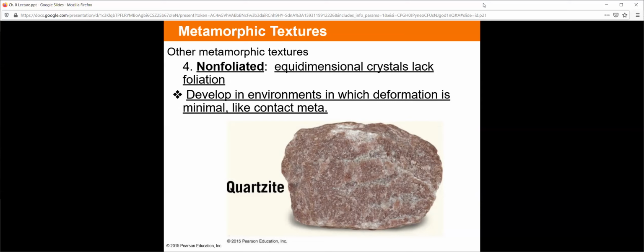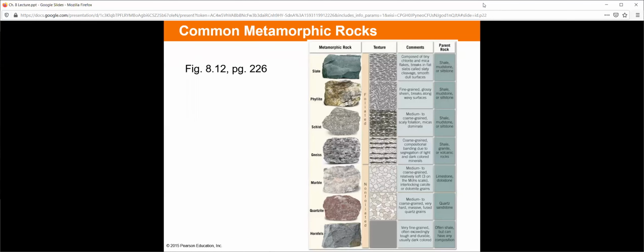Quartzite, metamorphosed sandstone. Sandstone doesn't have any particular dominant structure to its texture. Quartz does not either. Examples are shown here of many different common metamorphic rocks. Slate with its slaty texture, you get it. Phyllite is somewhere between a slate and a schist with its schisty texture.